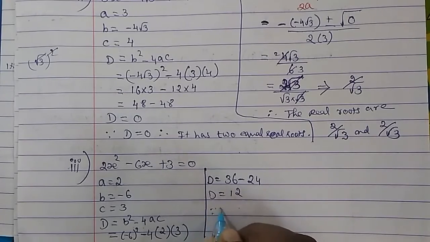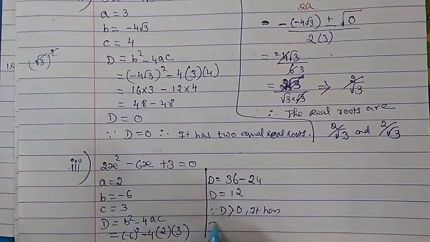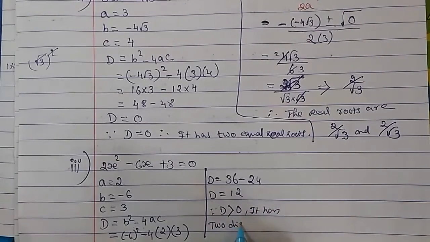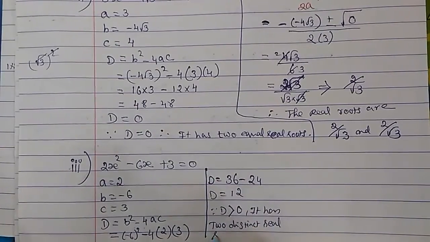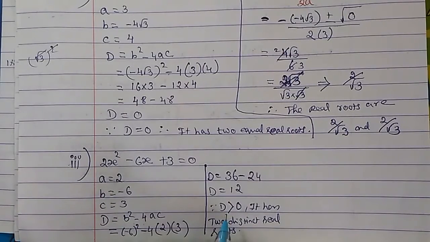So because d is greater than 0, what is the nature of the root? It has 2 distinct real roots.